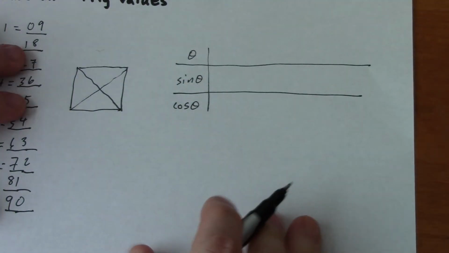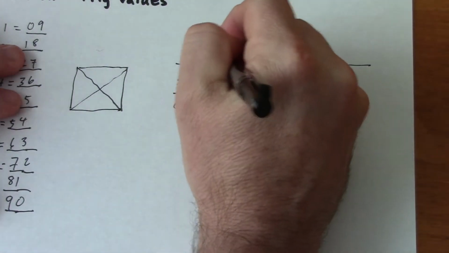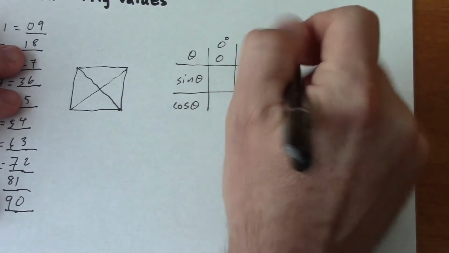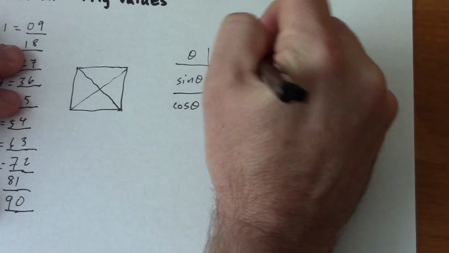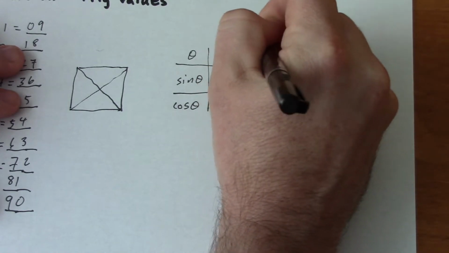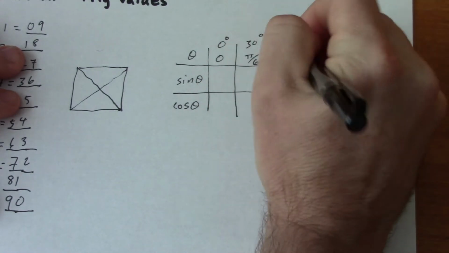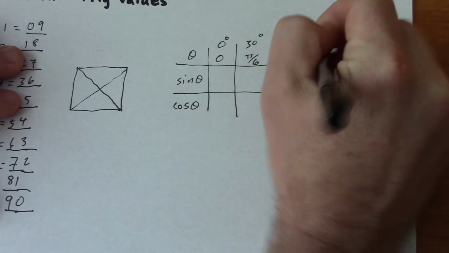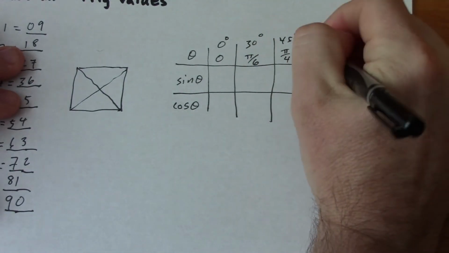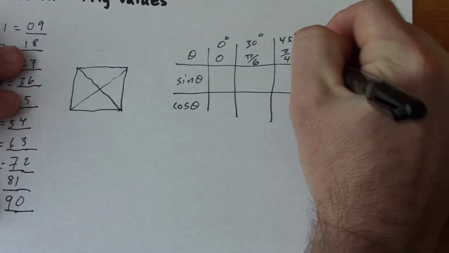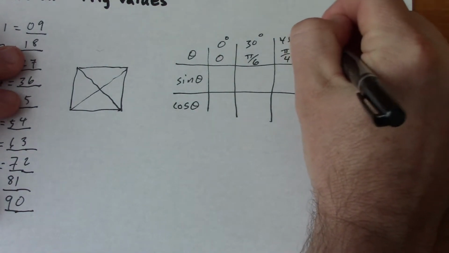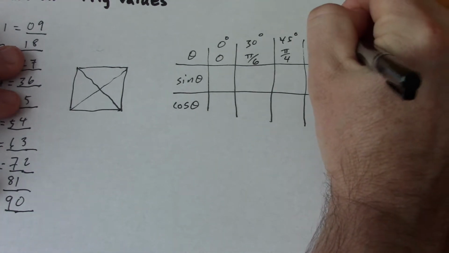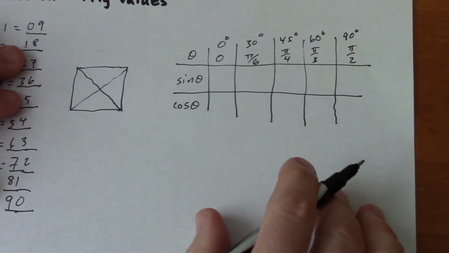Alright, and we want to put the common angles, so that would be 0, which is also 0 degrees, and then pi over 6, which would be 30 degrees, pi over 4, which would be 45 degrees, pi over 3, which is 60 degrees, and pi over 2, which is 90 degrees.